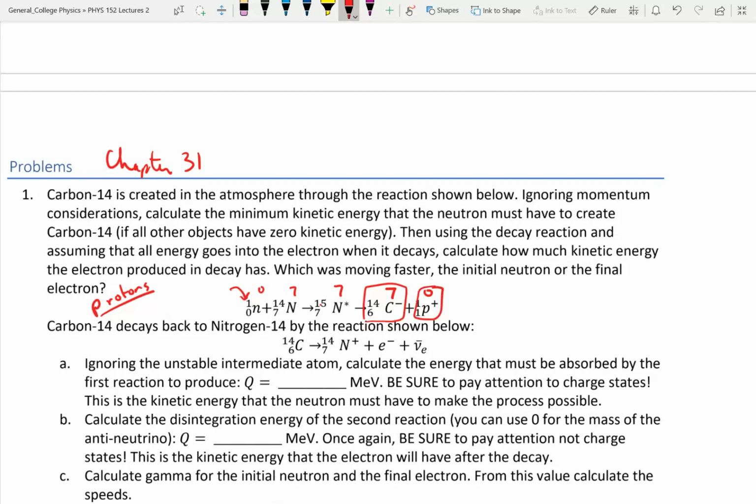Oftentimes when we do this for math calculations, we will say that this is equivalent to a neutral carbon-14 plus a hydrogen atom. What's the difference in the proton and the hydrogen atom? The hydrogen atom has the extra electron. So what this has done is taken that extra electron and moved it over to the hydrogen. So that's the way we usually would do this to account for charge, but you have to be careful that you correctly account.